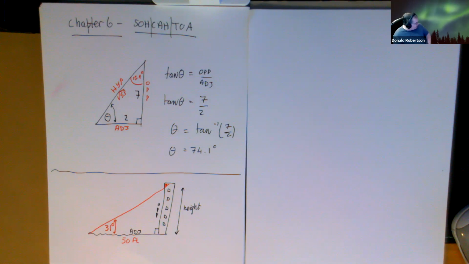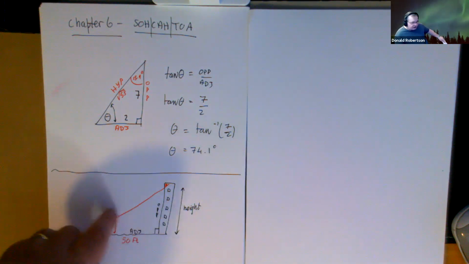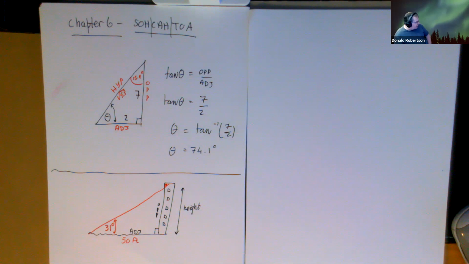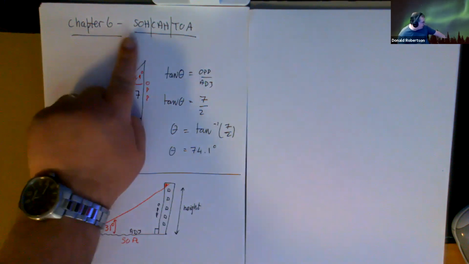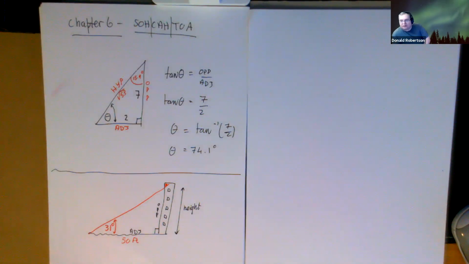Now that you've identified the sides, you can then figure out which of the SOHCAHTOA fellas we're going to use. So I need to find an opposite adjacent combination again, right? Yeah.